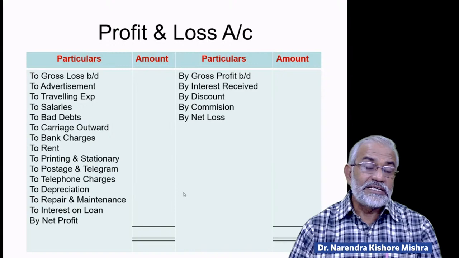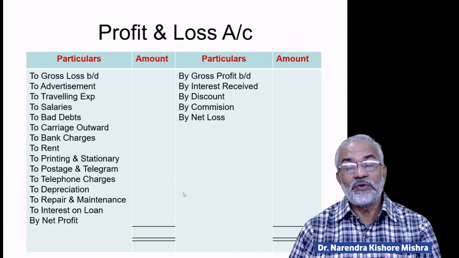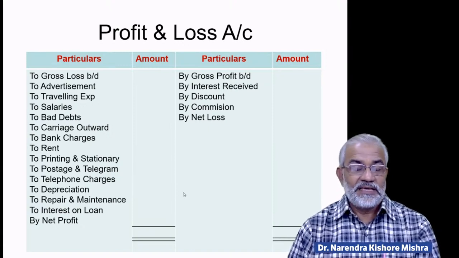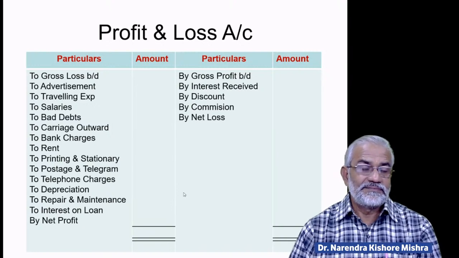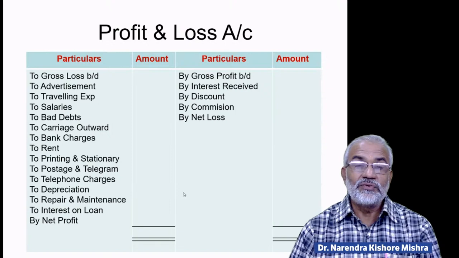Similarly, in the trading account and profit and loss account, you can see that each and every item is prefixed by the word 'to' on the debit side and by the word 'by' on the credit side. But in the case of the balance sheet, no 'to' and no 'by', because it's not an account, it's a statement.